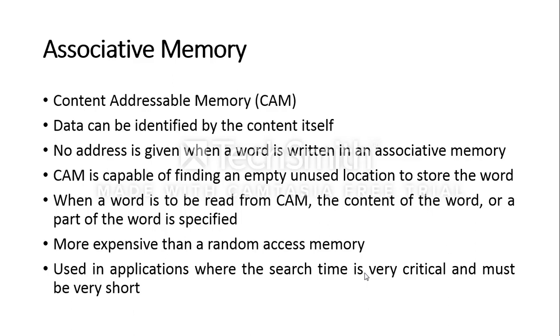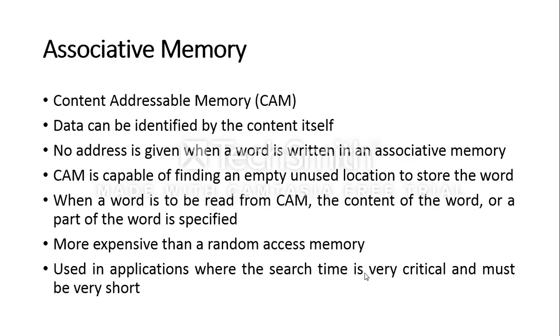As you can see from this example, we are not required to specify any address. We are not required to specify the memory location where the required record is available. So that is the basic characteristic of an associative memory.